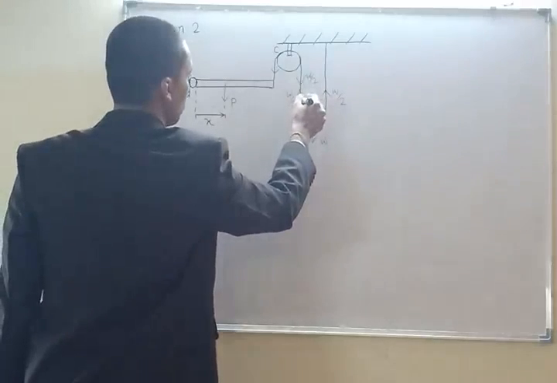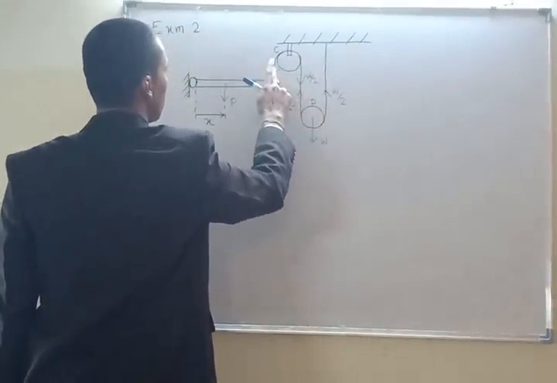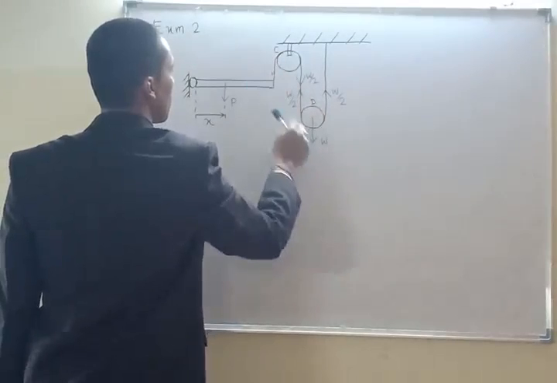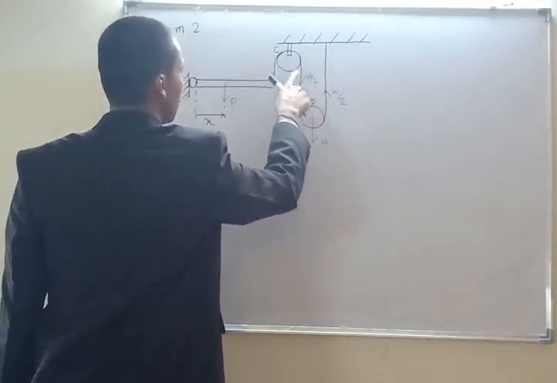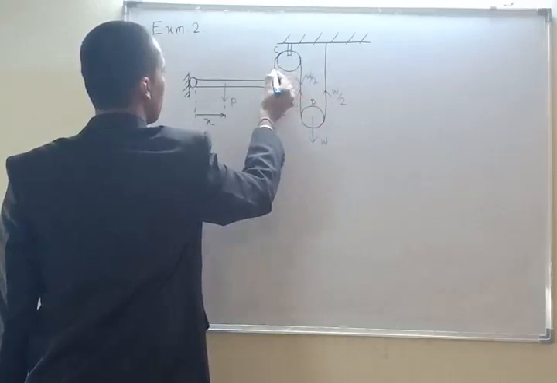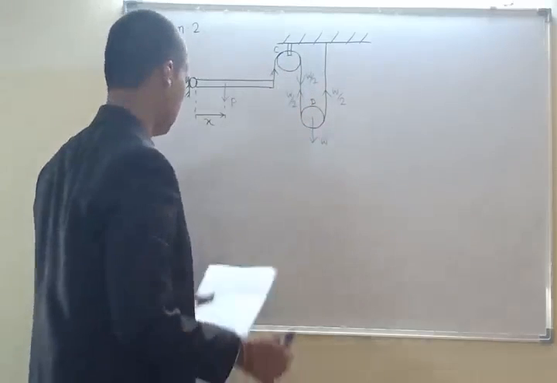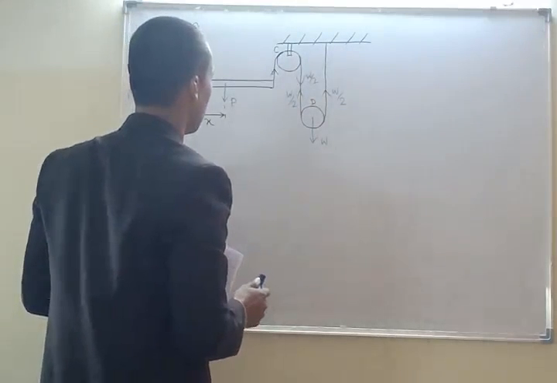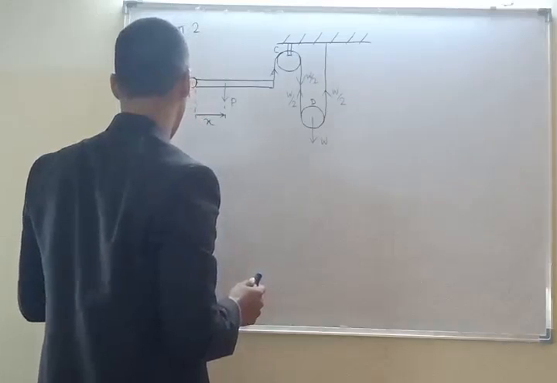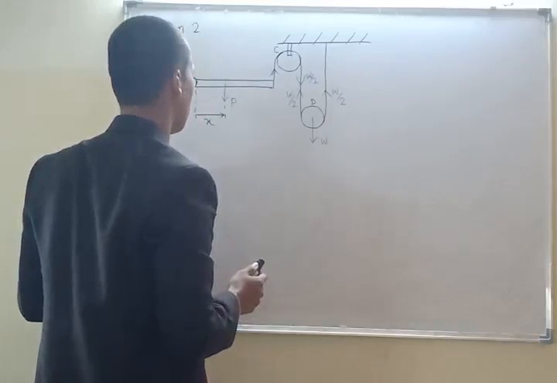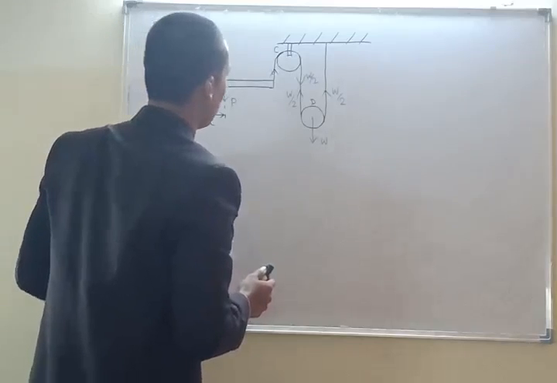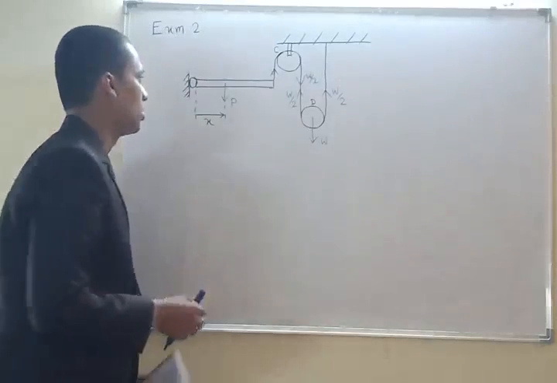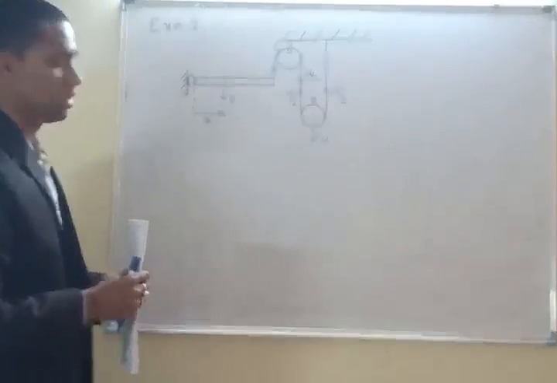This is moving this way, this is moving this way, balancing like this. No, something is wrong. Something should be wrong. Let us see.